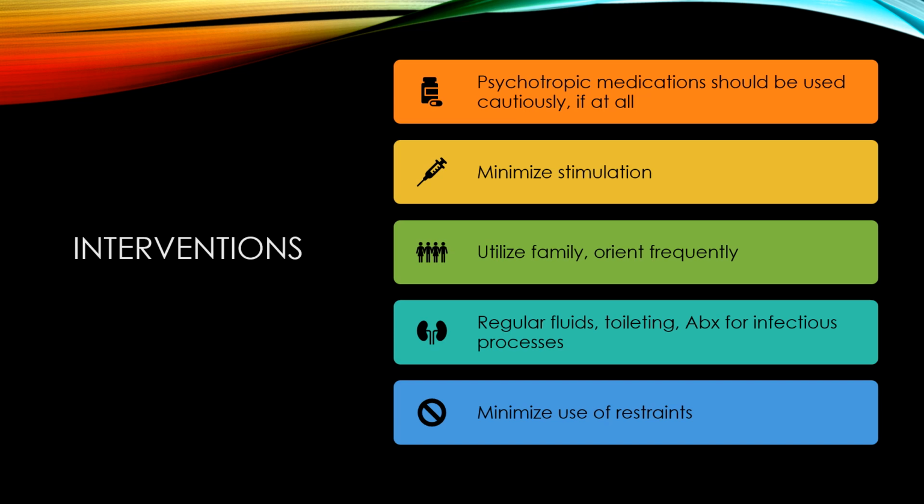There are recommendations for what meds to use, and some of them you don't want to use, particularly in the elderly. Minimize stimulation. Utilize family. Orient frequently. Regular fluids, toileting, antibiotics for infectious processes. Minimize use of restraints. By this point they may be in the hospital, and most times they are when they're this sick.